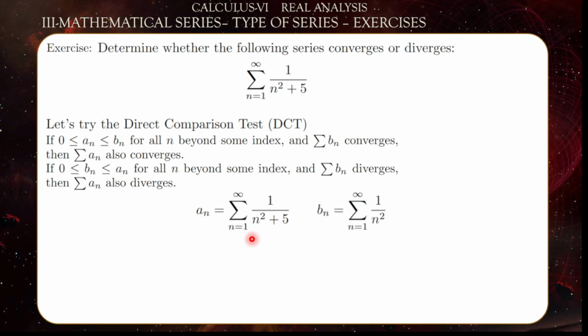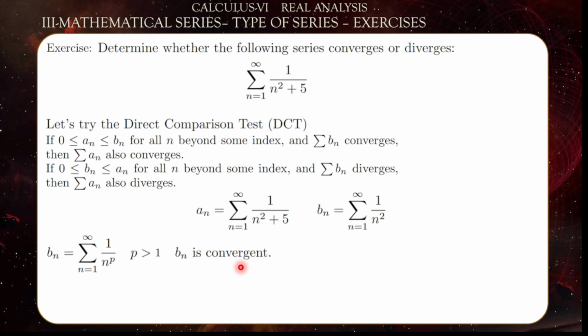Let's start with a_n being the original series, which is sigma n equal 1 to infinity, 1 divided by n squared plus 5. We need to compare it with b_n, a well-known series. Why? Because it is the closest one to a_n, which is sigma n equal 1 to infinity, 1 divided by n squared. And we know that 1 divided by n squared is a p series with p greater than 1, which means that b_n is convergent.